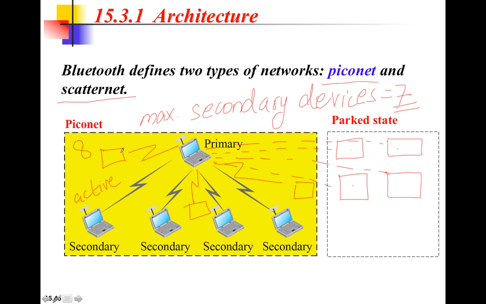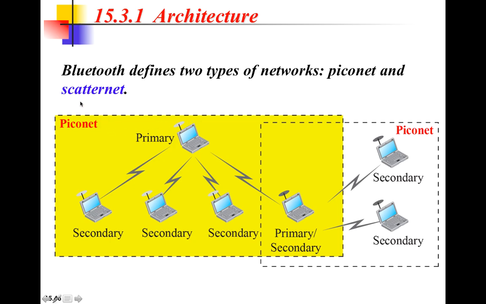If we had 7 devices in this piconet, we can't add more unless we remove one of these, and then we can add the other. Because we have to maintain the maximum number of secondary devices as 7, and the maximum number of all devices in the piconet, including the primary, to be 8.